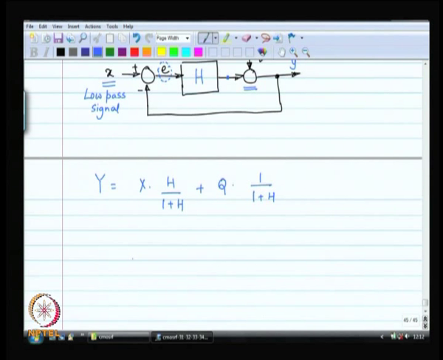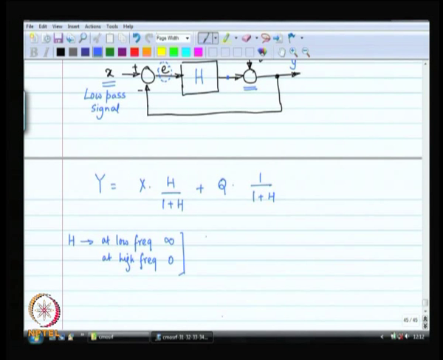Now, if H is such that at low frequencies it is infinitely large and at high frequencies it is 0, that is an integrator for you. At low frequencies, at DC it is infinitely large, at high frequencies it is equal to 0.